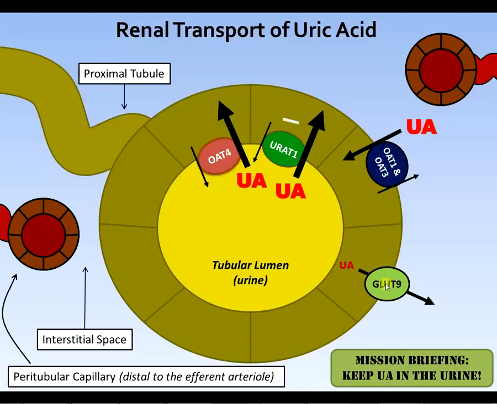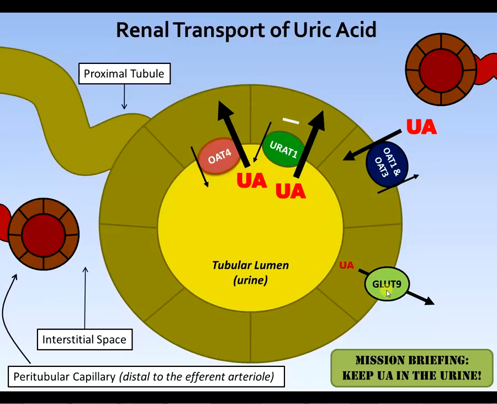But something worth mentioning is this transporter GLUT9 on the basolateral side. It has been shown, at least in Italy, through a relatively diverse and large population of patients, that patients who have mutations of GLUT9 have a different blood concentration of uric acid.